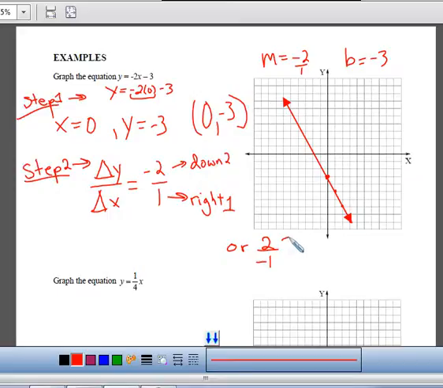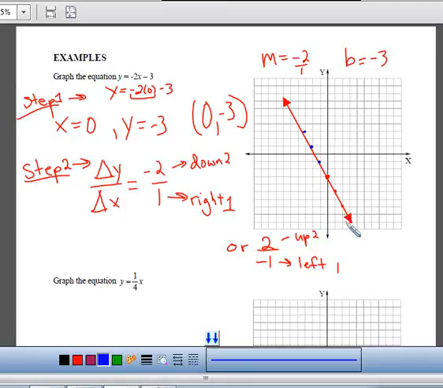That means up 2 and left 1. So go from the y-intercept, go up 2, left 1, then up 2, left 1, up 2, left 1. Now you can see where my line's getting a little bit off. But that is another way that you can get more points.